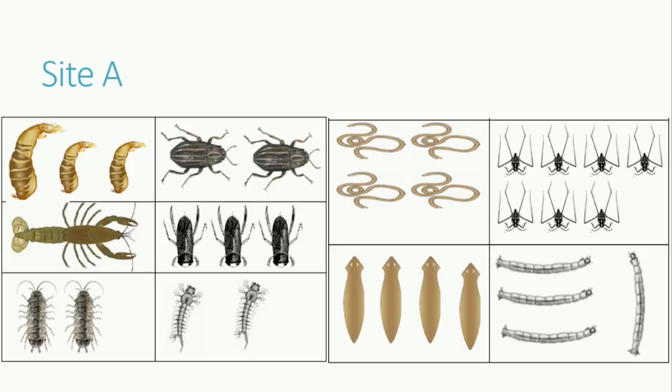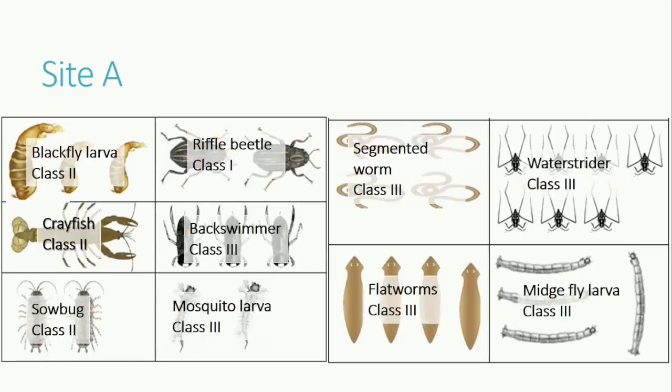Now it's your turn to use the biotic index. These macroinvertebrates were collected from a stream. Pause the video and use the identification sheets either in this video or found in the online lesson plan materials to categorize each species as Class 1, Class 2, or Class 3. In Site A, we have several Class 3 species, but still a few Class 1 and 2 species.